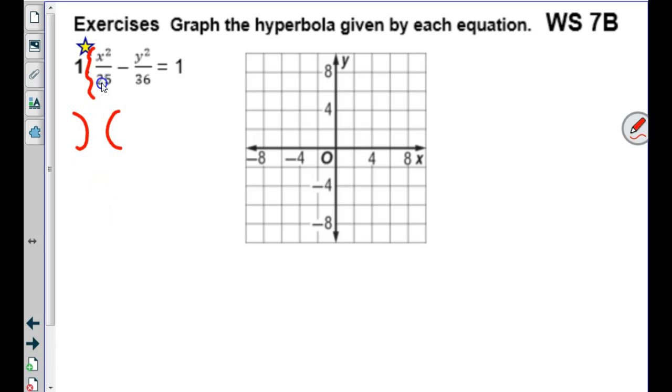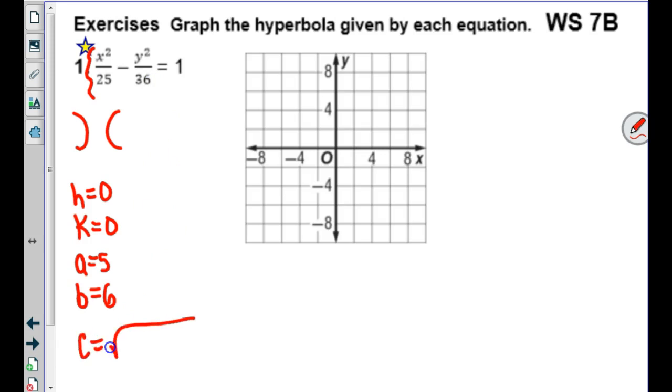No, a is 5. Okay. h and k are still 0. a is 5 because a squared is 25. b is 6 because b squared is 36. c would be the square root of a squared plus b squared, which is going to be the square root of 61.